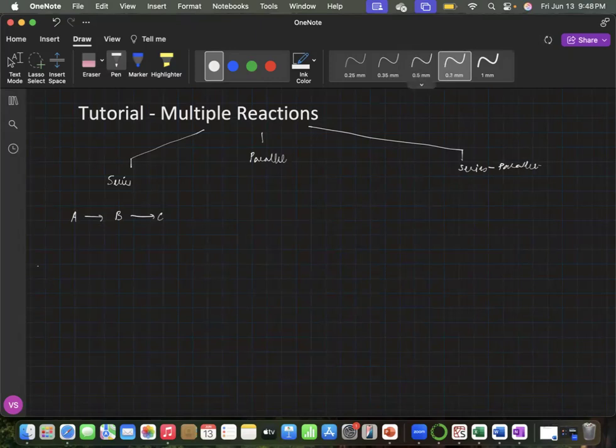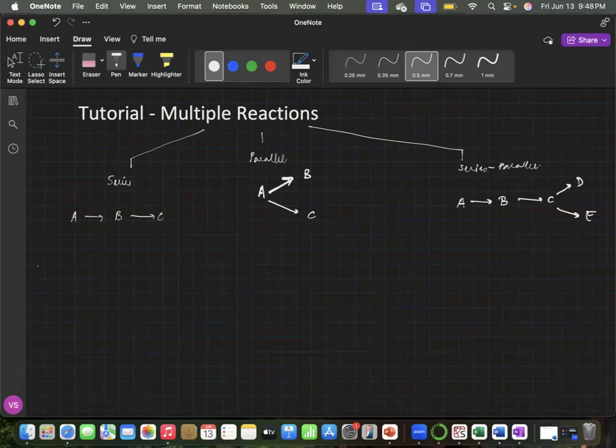Parallel reactions are reactions taking place simultaneously, or parallelly, right? And series parallel reactions are a combination of these. So there could be some reactions taking place in series, some reactions happening parallelly, and so on, right? And there could be more complex reaction networks that could be developed using these systems.